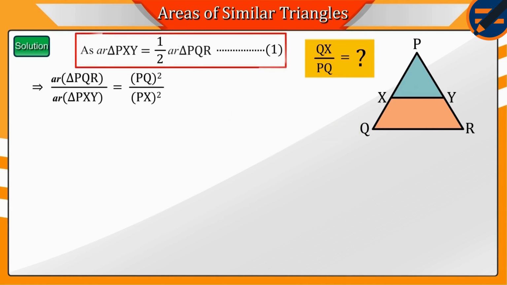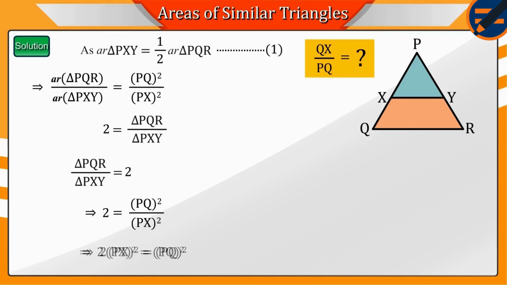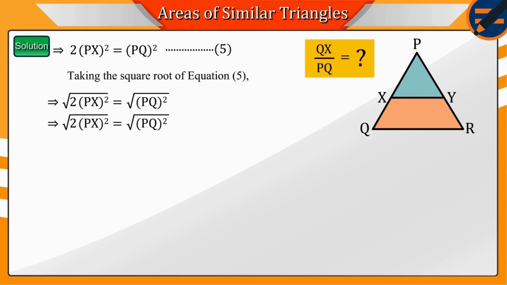With the help of equation 1, we see that by taking the square root of both the sides, we get the square root of 2 multiplied by PX is equal to PQ.